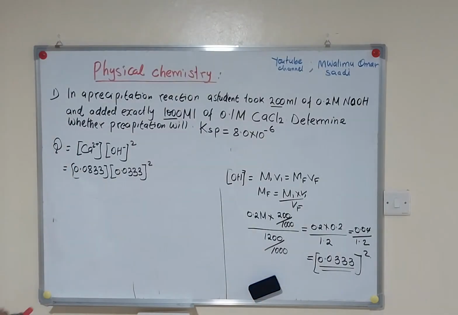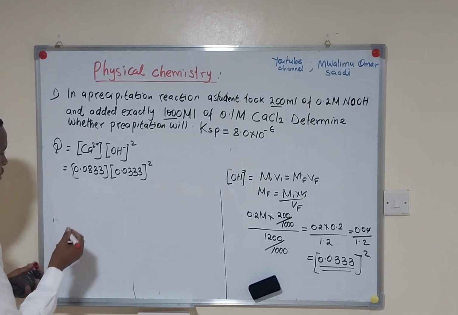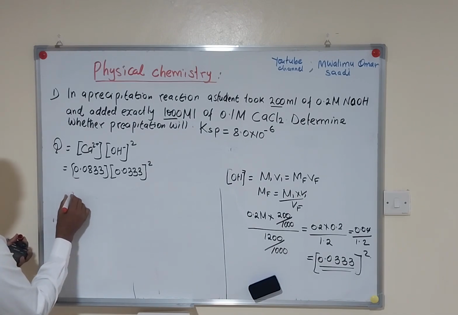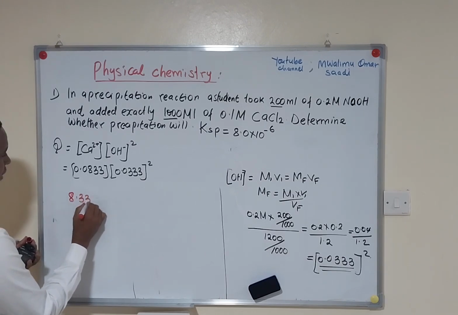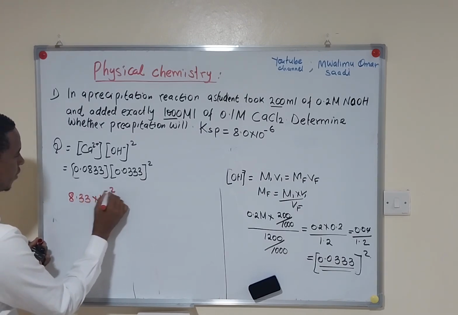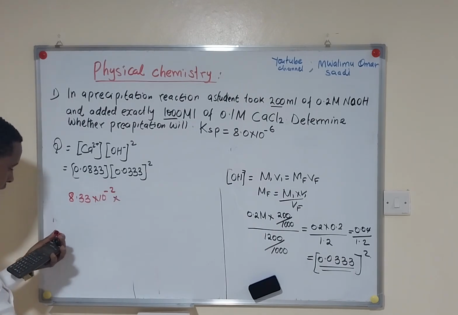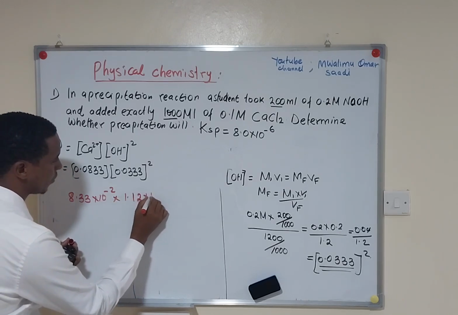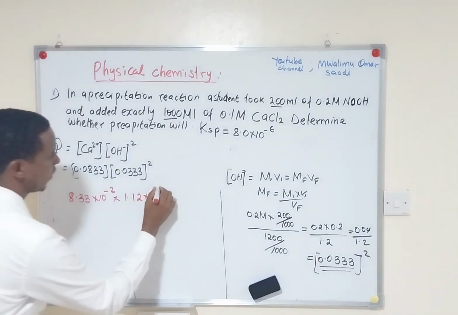So let us multiply that. Let's square first. 0.0333 squared is equal to, let's write it in standard form, 8.33 times 10 power negative 2 times 1.12 times 10 to the power negative 3.